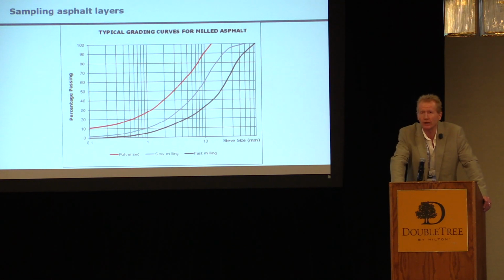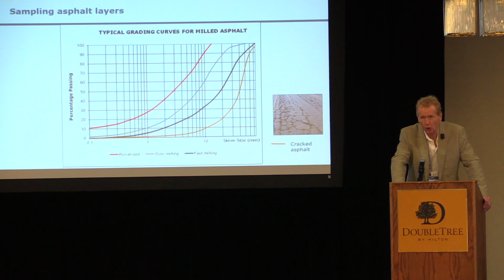On this next slide, I'll give you an example of how much variability one can get depending on the way in which one acquires the sample from the road. As you can see over there, if you've got a cracked road and you use the wrong methods, particularly if you've got bad crocodile cracking, I think you've got alligators here, so you call it alligator cracking, but it's really the same thing.